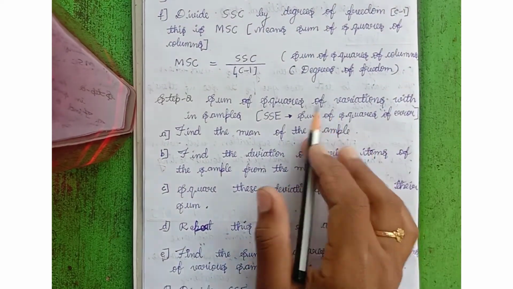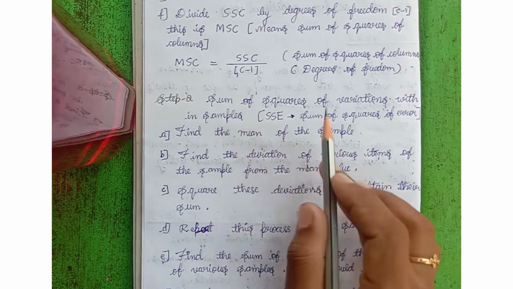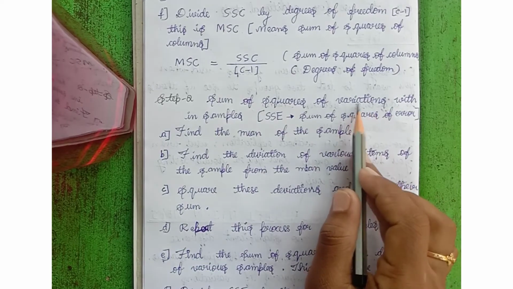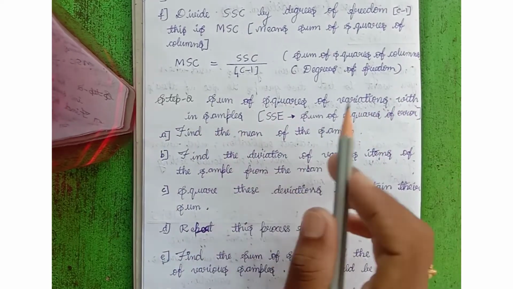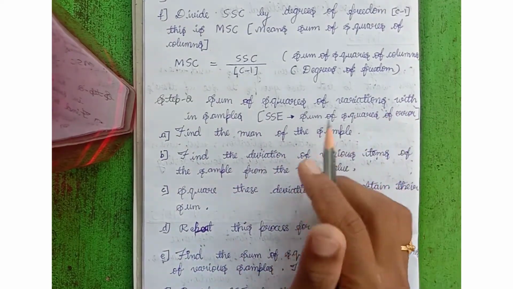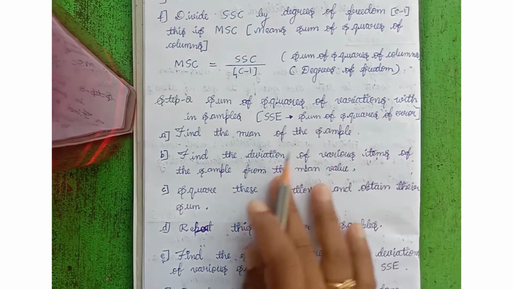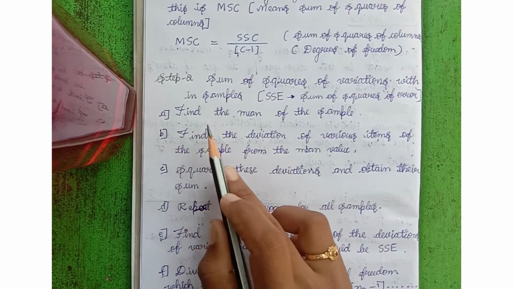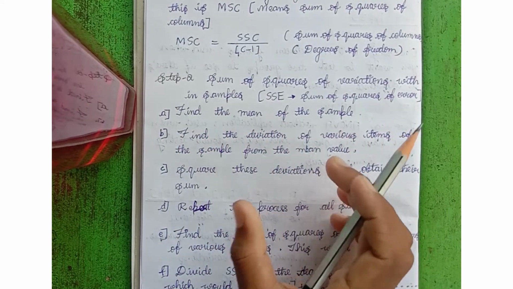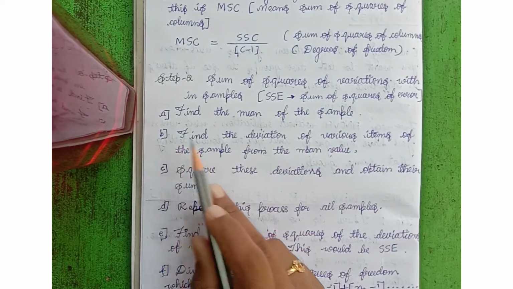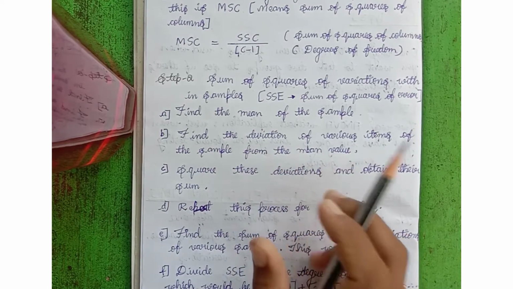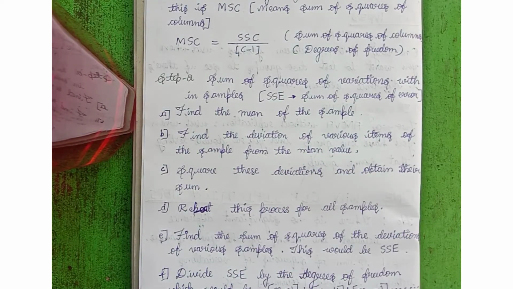So next, move on to the second step: sum of squares of variations within a sample. Within a sample, we have to find the variations. That is SSE, sum of squares of error. Under that, A, find the mean of the sample. B, find the deviation of the various items of the sample from the mean value.